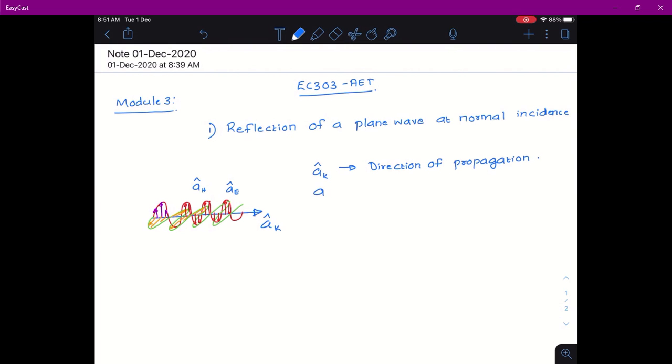Similarly, wherever you see a_E cap, it is the direction of orientation of the electric field. Similarly, wherever you see a_H cap, it is the direction of orientation of the magnetic field. Okay.